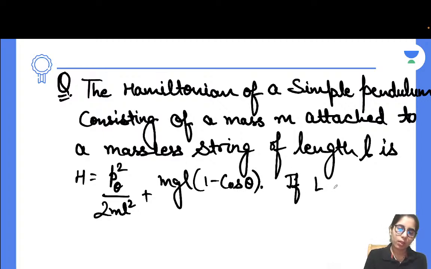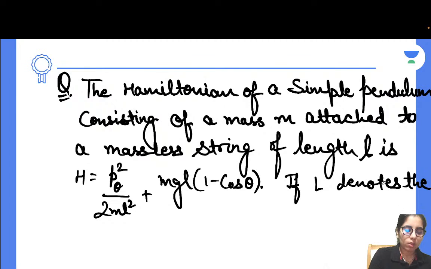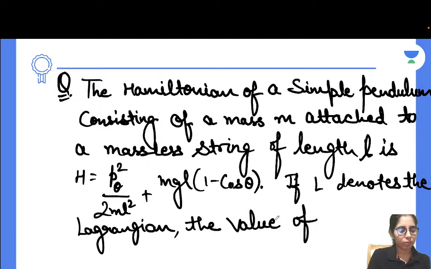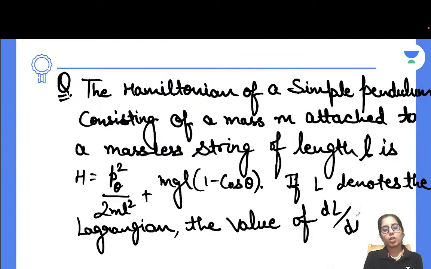If L denotes the Lagrangian, the value of dL by dt is what? That's what you have to find.